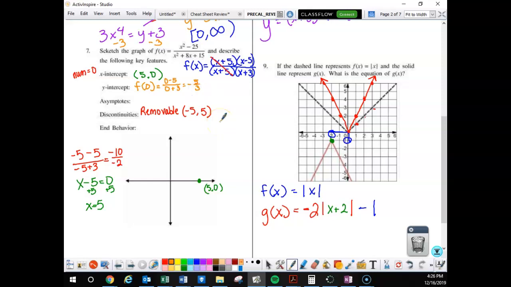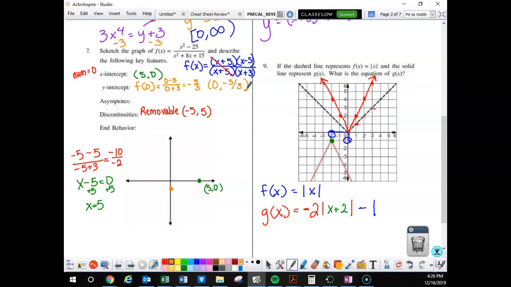So negative 5/3 is like negative 1.667. So about negative 1, 2, 3, 4, 5, negative 1, so about right here. Ish. We're just sketching, it doesn't have to be perfect. So my y-intercept is 0, comma, negative 5/3.